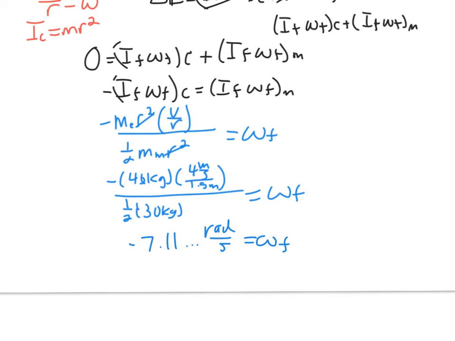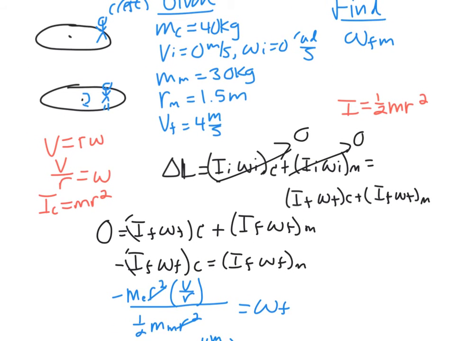Notice how the sign of the angular velocity is opposite the sign of the linear velocity for the child. That's because as he starts walking in the way I drew my diagram, so he starts walking this way, it's going to cause the rotation. So I have him moving in a positive direction. It's going to cause the rotation to be clockwise, which would be the negative direction.